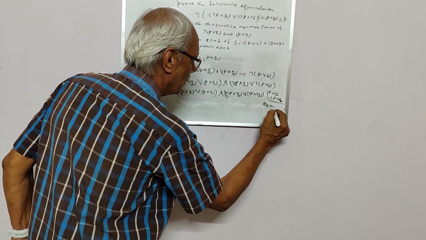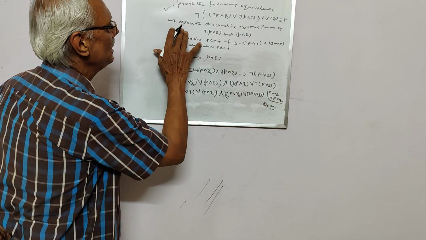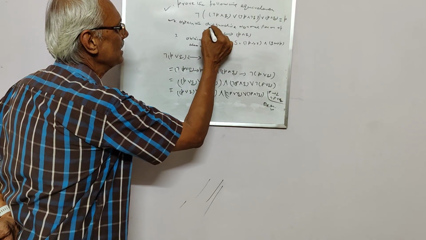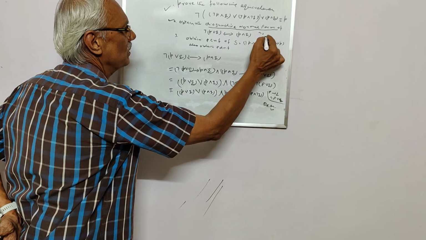I use De Morgan's law. Now what is wanted here? Get the disjunctive normal form. What is the meaning of disjunctive normal form?